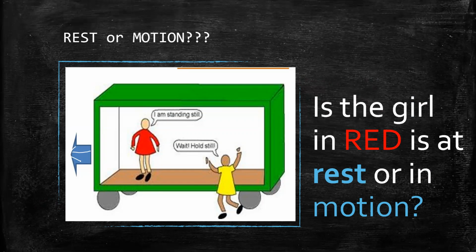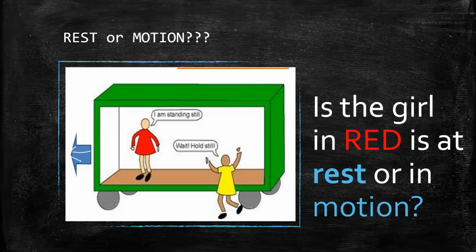I think I have to be a little more specific in my question, about whether the girl is moving with respect to the second girl who is observing the first girl.